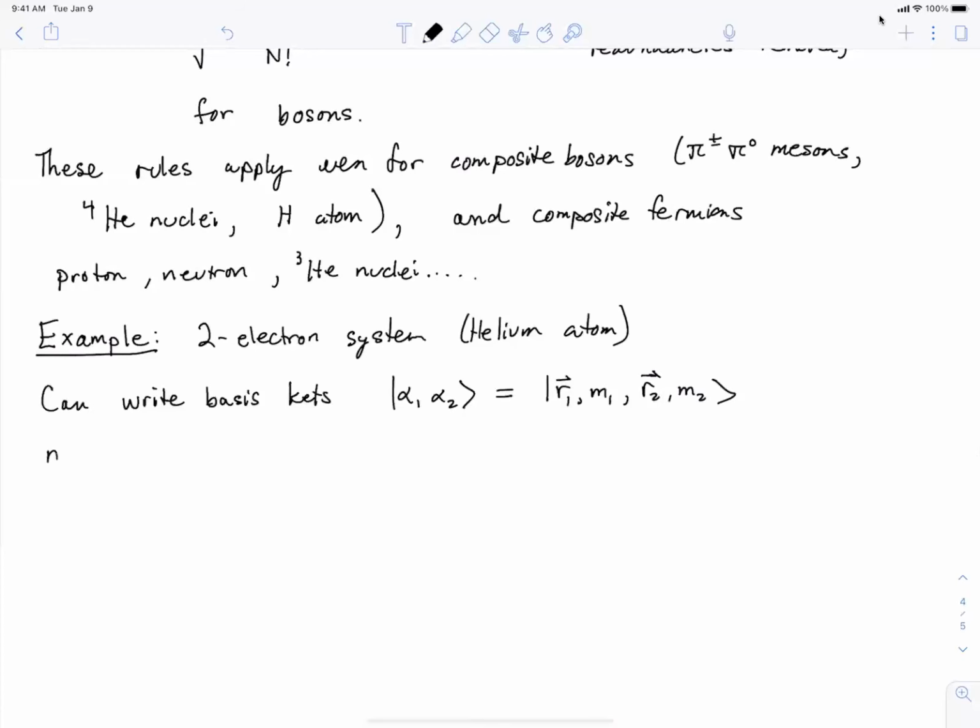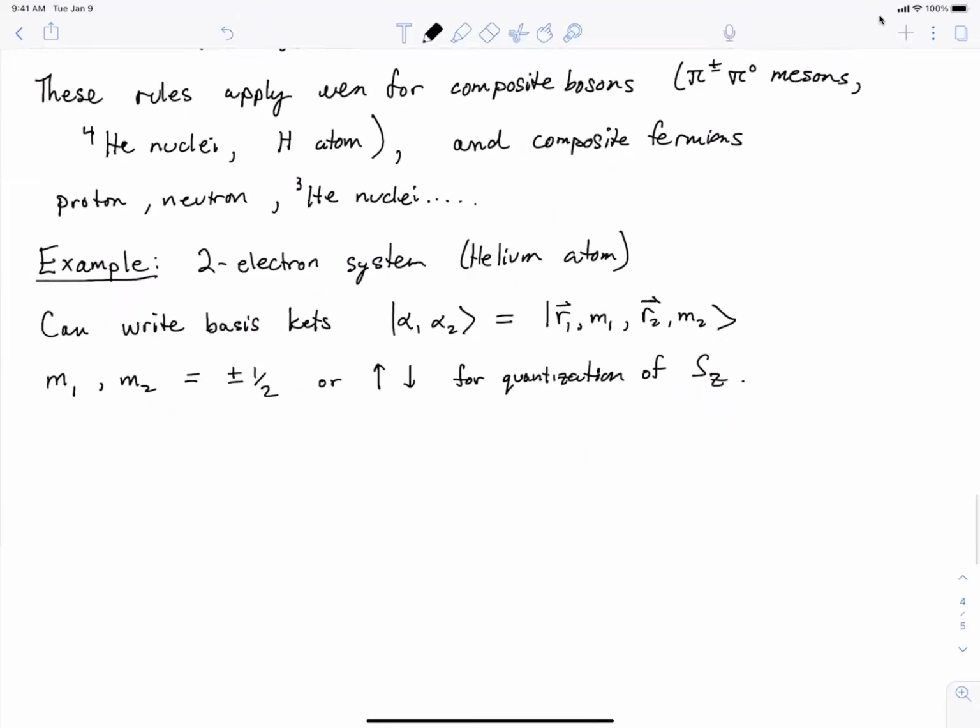And we know that they're electrons, so m_1 and m_2 can be either plus or minus 1/2 once we've chosen a z-axis. Or we can write this as up arrow and down arrow. That's synonymous when we quantize the spin, so for quantization of S_z. And so that means our total wave function we can write like this.